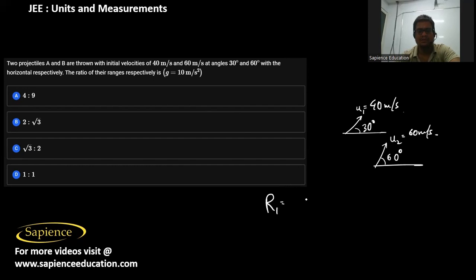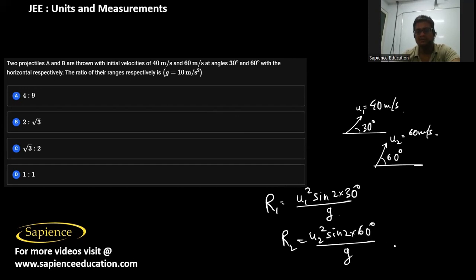So r1 will be equal to u1 square sine 2 theta, sine 2 into 30° by g, and r2 will be u2 square sine 2 theta, sine 2 into 60° by g. So this will be equal to u1 square sine 60° by g, and this will be equal to u2 square sine 120° by g.